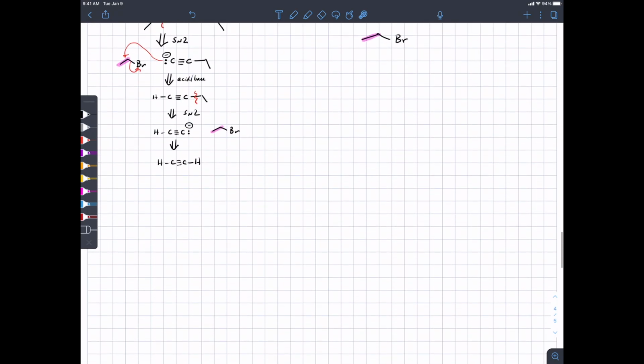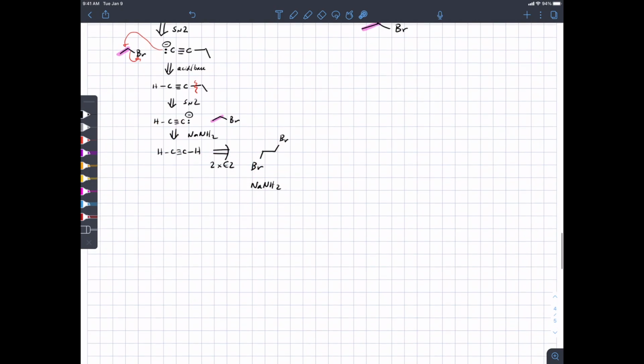So that means I can take the alkyne and go back to the vicinal dibromide, and this is going to be the tandem E2 reactions, probably using NaNH2 as base, and instead of going here and then here, we're just going to go all the way there in one step.